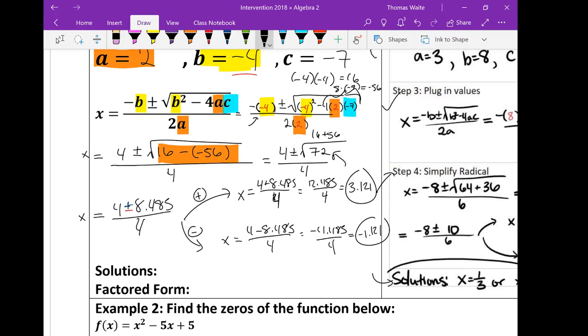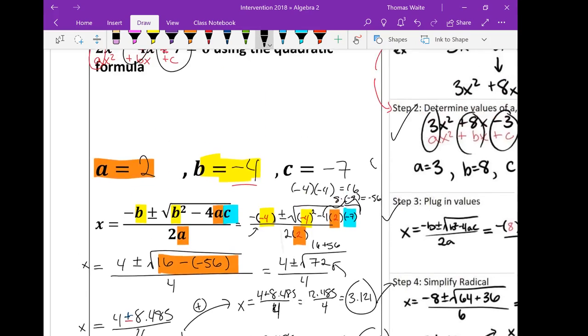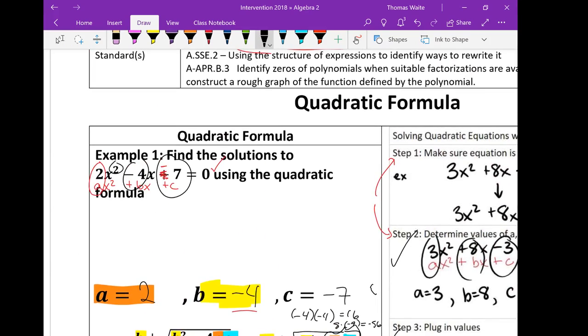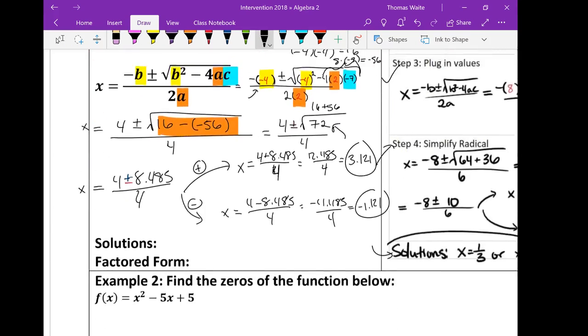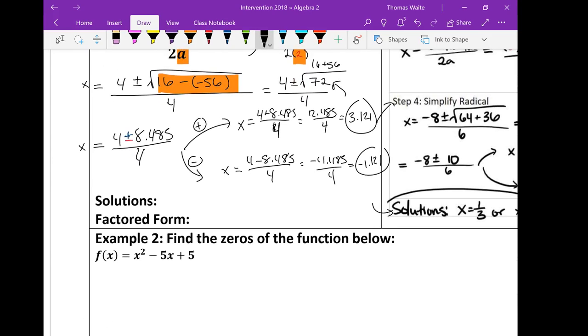So overall we got two solutions, which is good because that's what we expect. For a quadratic, something with degree 2, like this one, we would expect to have two solutions. So our solutions here would be x equals 3.121 and x equals negative 1.121. One solution, another solution.